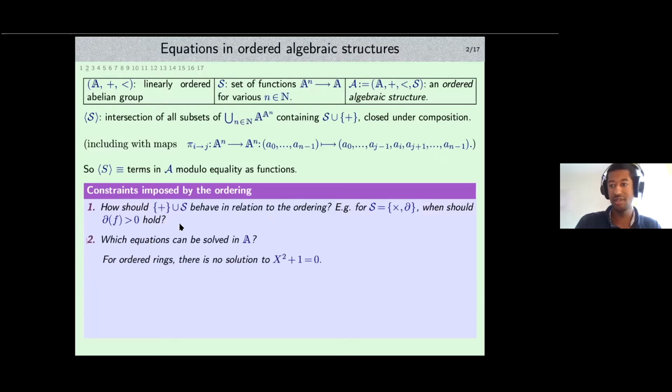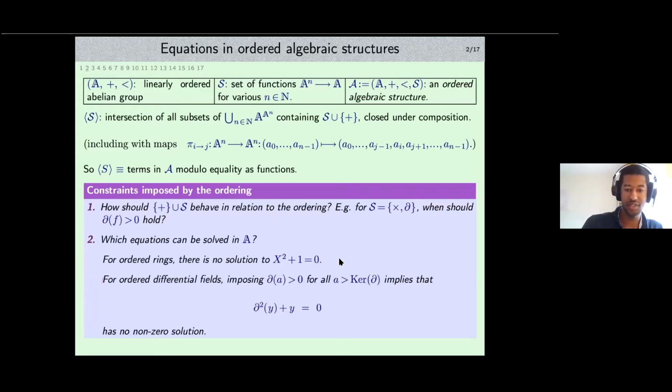And secondly, having an order imposes some restrictions on which equations can have solutions in ordered structures. So for instance, you cannot include the solution to this equation in an ordered field, because it will violate the ordered field axioms.